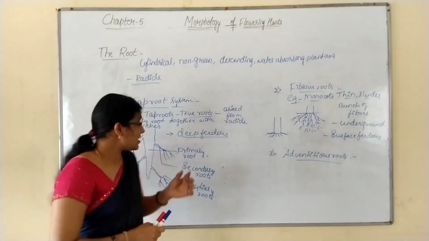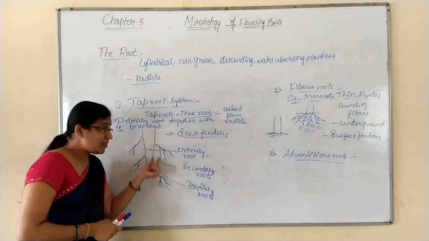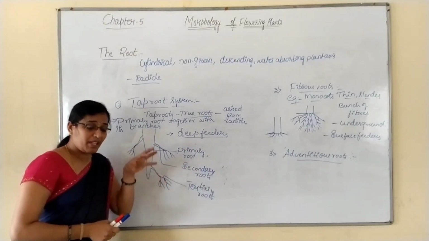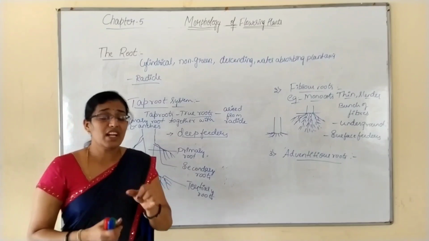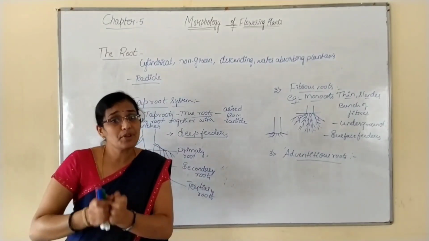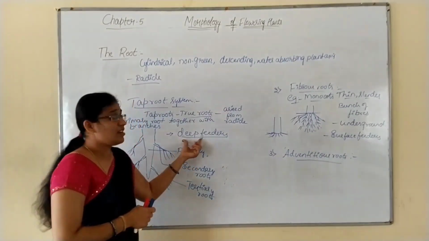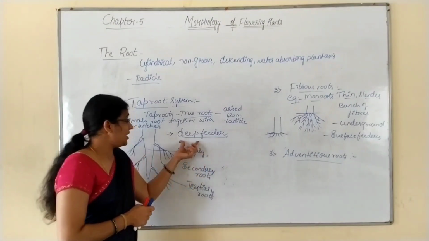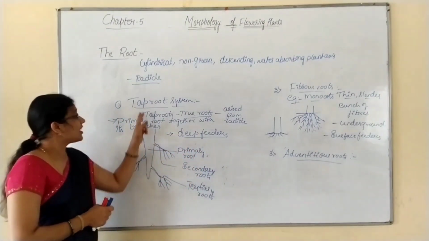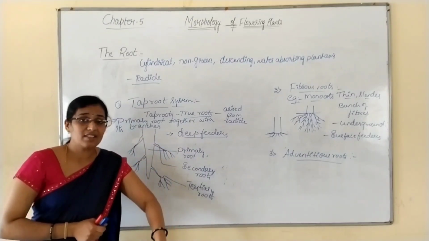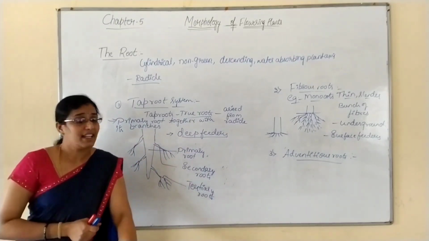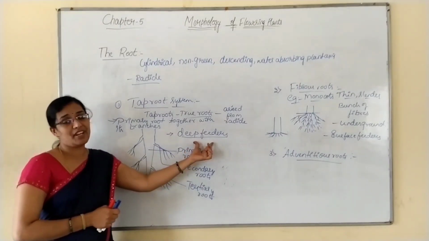Because this main root, the primary root, will be strongly, deeply embedded inside the soil, and it becomes very difficult for us to uproot them. So these are called deep feeders. That means the primary root in the taproot system enters the soil very deeply, and hence they are called deep feeders.